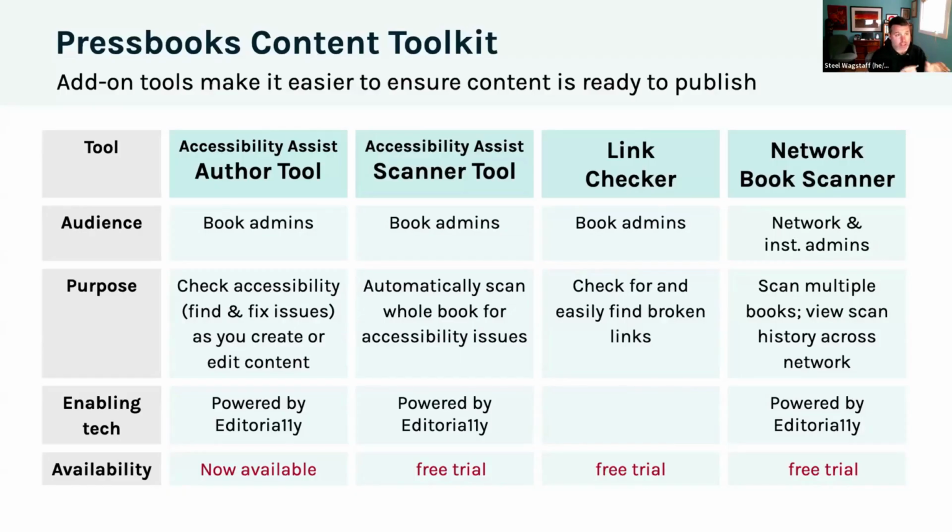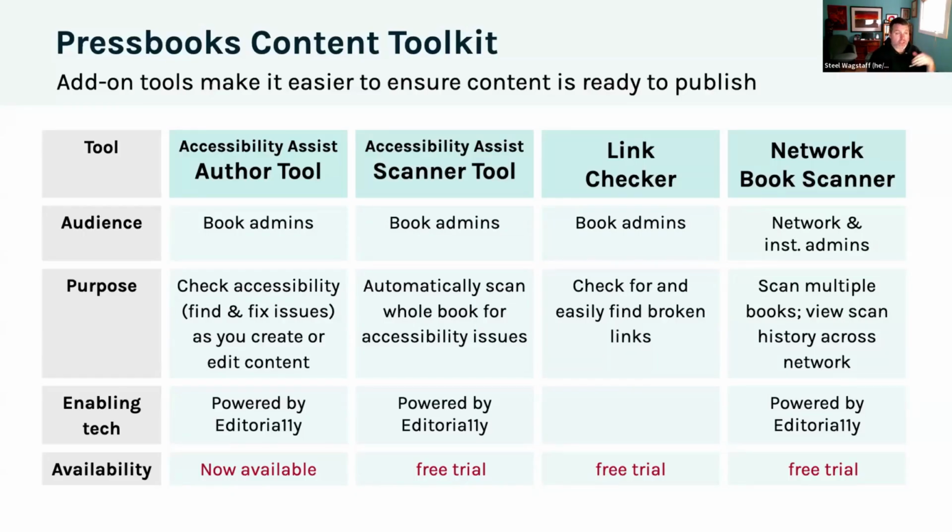The first thing are two components that work together that are really focused on accessibility. These are author or book admin focused. One of them we call the Accessibility Assist Author Tool, and the other is called the Accessibility Assist Scanner Tool. These are both powered by an open source tool called Editorially. What it does is it allows authors, as they're creating content and working through the book, to find and now automatically fix accessibility issues.